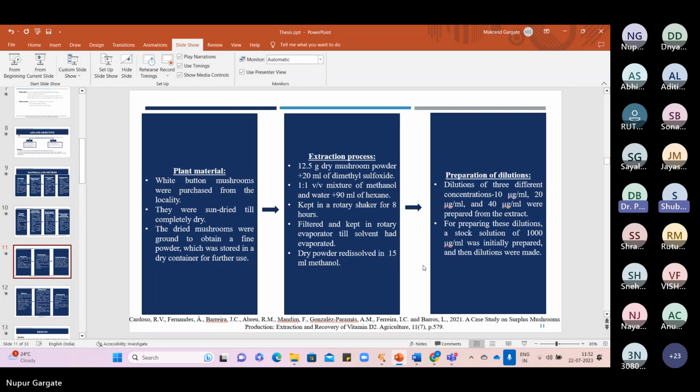The article showed that vitamin D can be extracted from this mushroom, so we used the same procedure. We actually have not made any changes in the procedure. So we are assuming that the extract is actually containing vitamin D. Okay. Thank you.